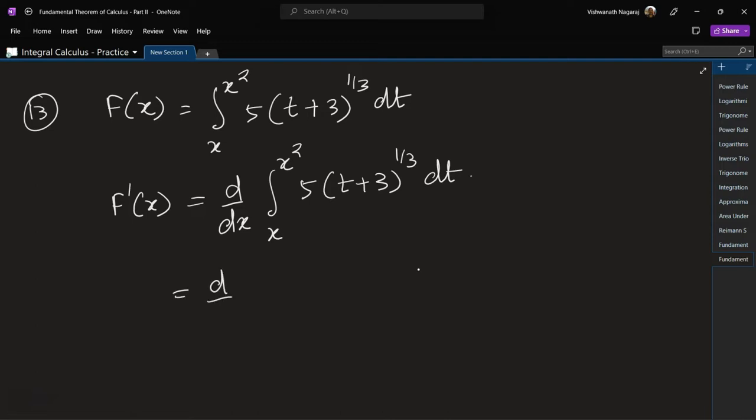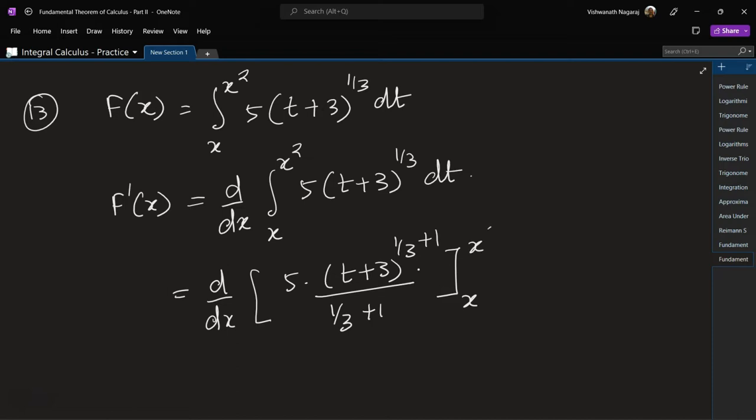Okay, so now d by dx of, if we integrate it, what do we get? 5 times t plus 3 to the power of 1 by 3 plus 1, divided by 1 by 3 plus 1, from x to x square.